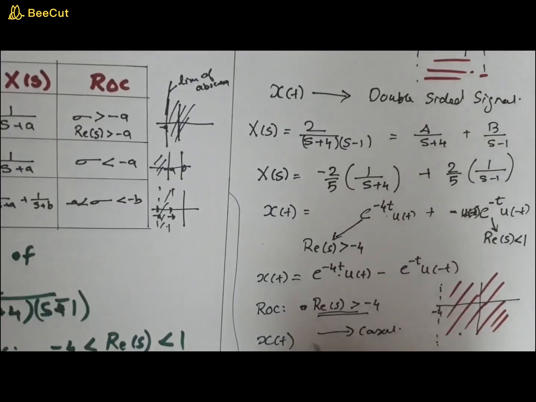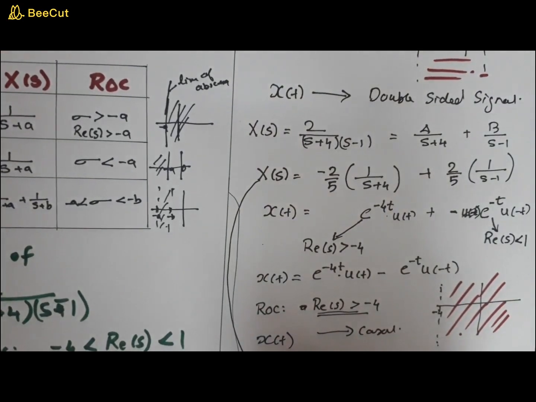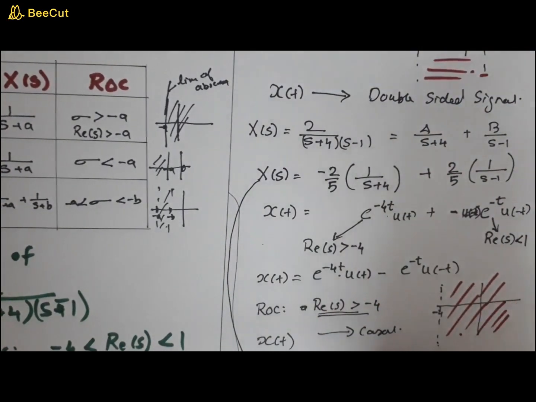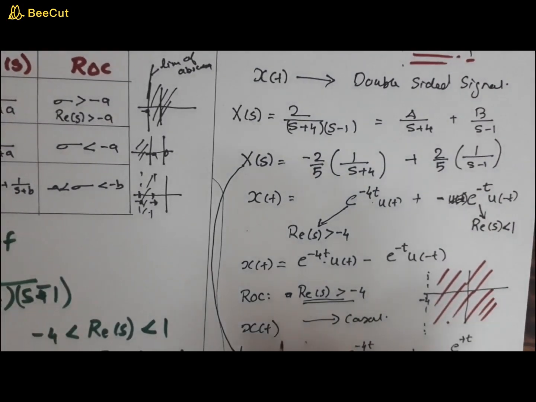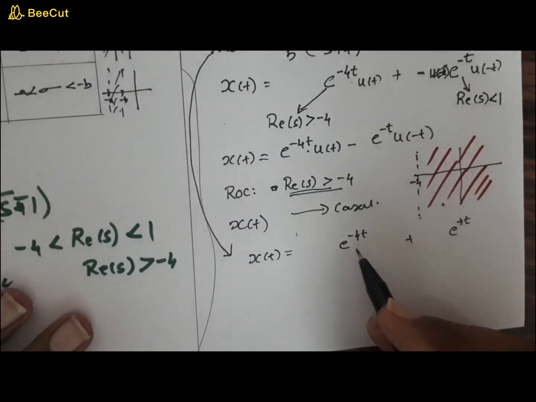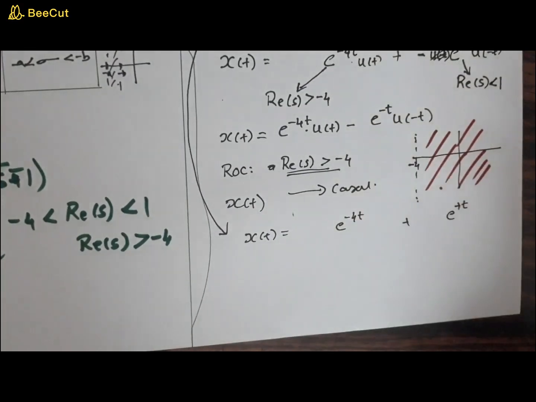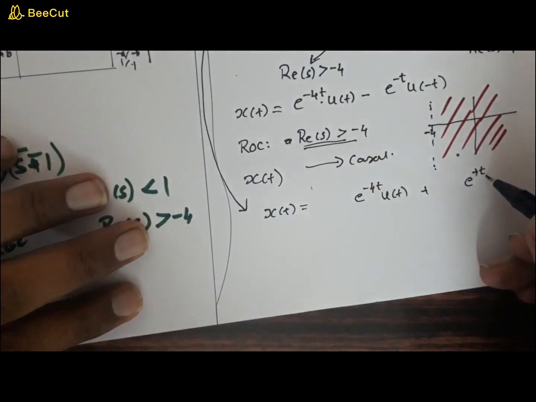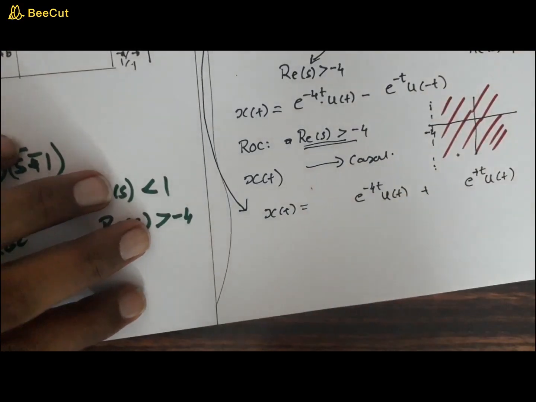So from this we can again write your x of t as e raised to minus 4t plus e raised to plus t, right? This is 1 by s minus 1. It is exactly the same. Now this x of t has to be causal, meaning these two signals are to be causal. Now how to make it causal? It is very simple, that is multiplying by u of t, right? This is it. It's such a simple problem.